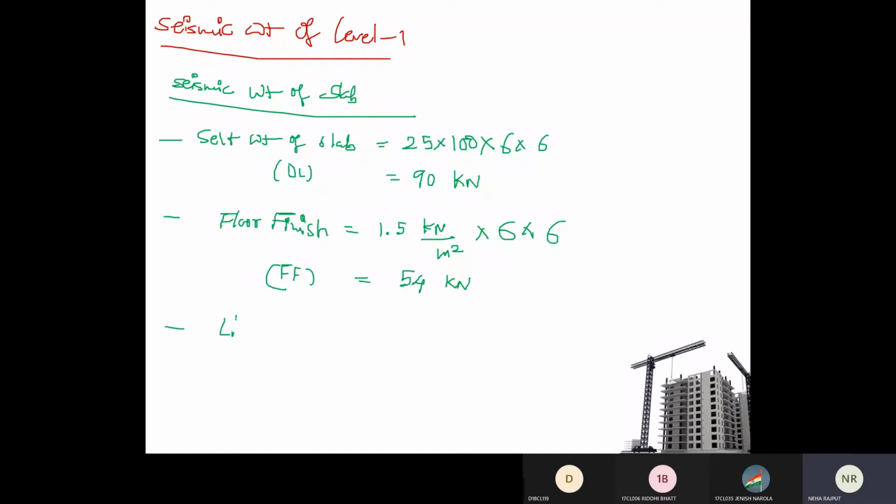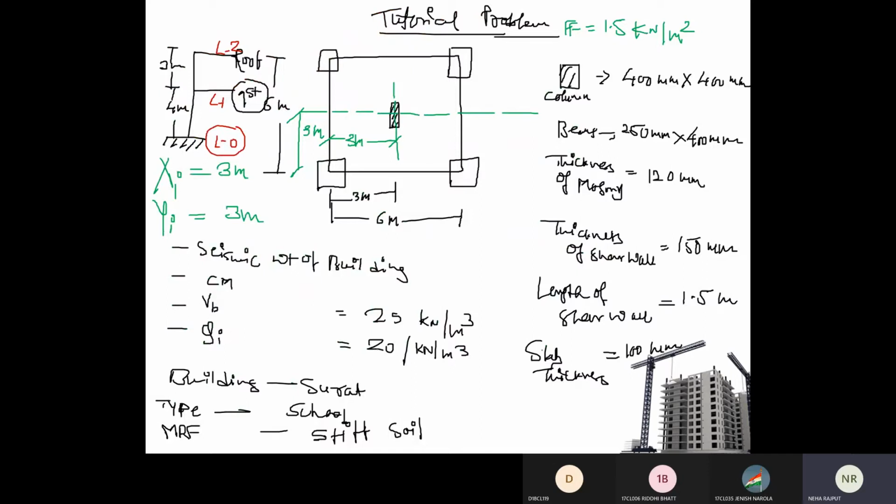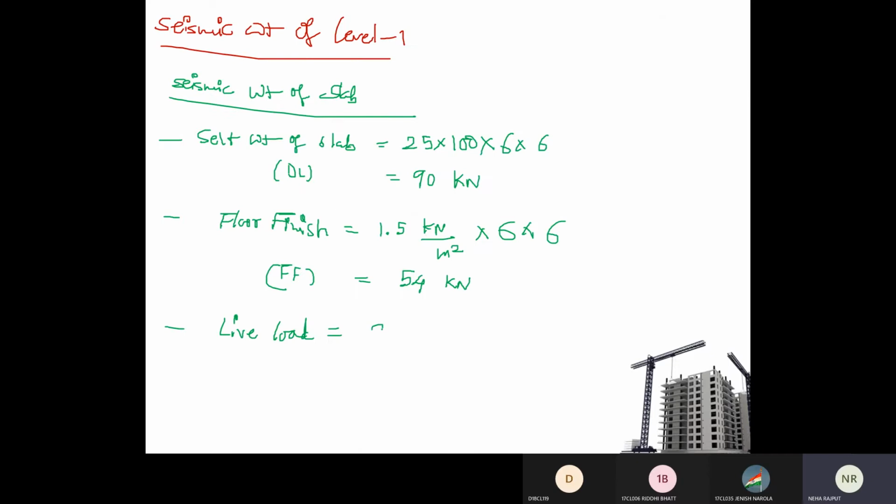Now live load. Is the live load given for this case? No, live load is not given. I am just assuming that live load is 2 kilonewton per meter square. Right, so 2 kilonewton per meter square, and that is applied to area of the slab, 72.